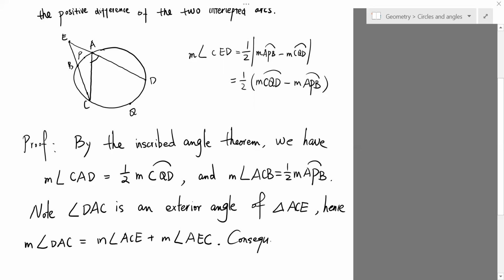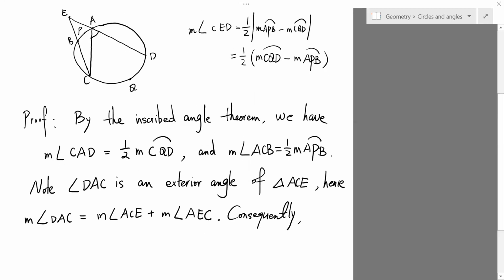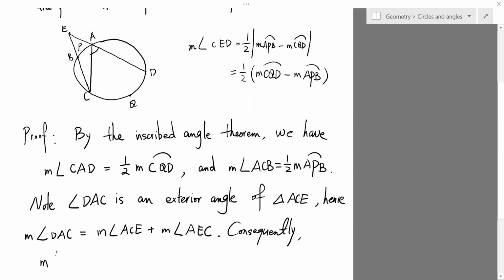Consequently, we have the measure CED, which is precisely the measure of AEC because they are just the same angle. It would be equal to the difference between the measure of the angle DAC and the measure of the angle ACE.